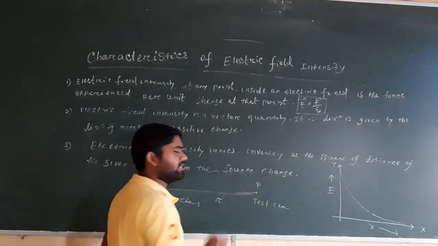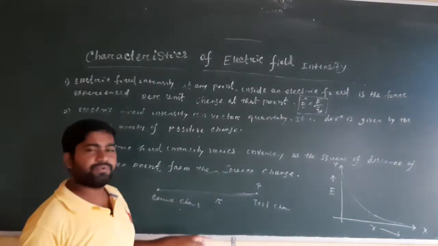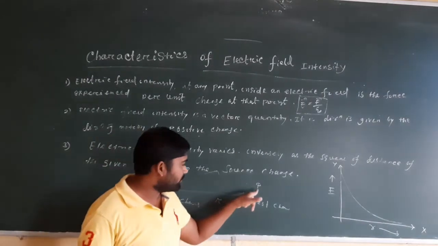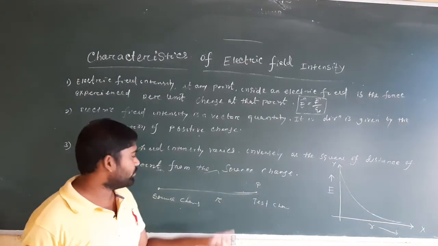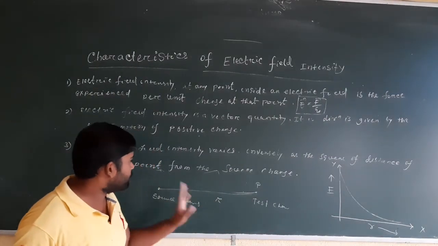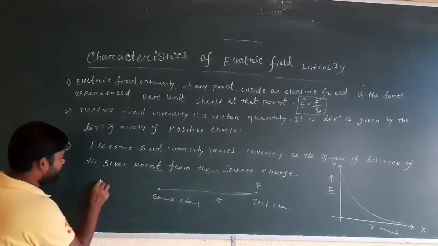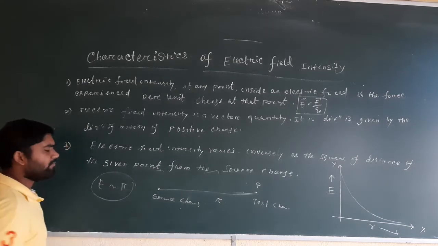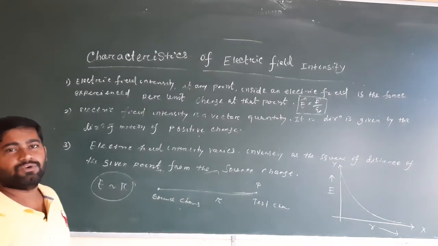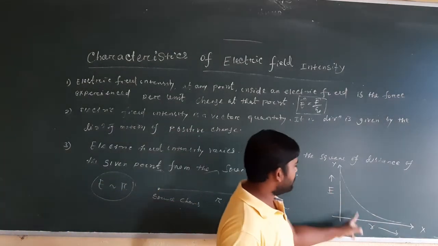When we measure the electric field intensity at the point of the test charge due to that source charge, we find that it varies inversely to the distance from the source charge. The variation of electric field with the distance from the source charge is clearly shown in the figure.